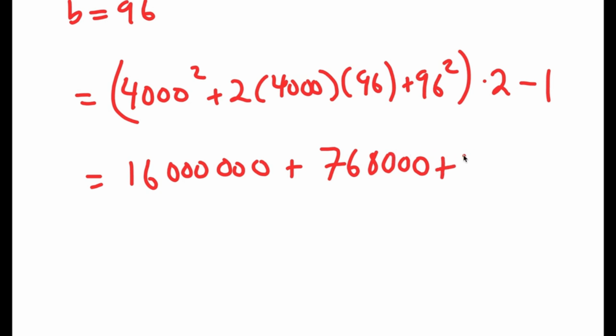And now I have this plus 96 squared, which is equal to 9,216. And all of this I have times 2 minus 1.